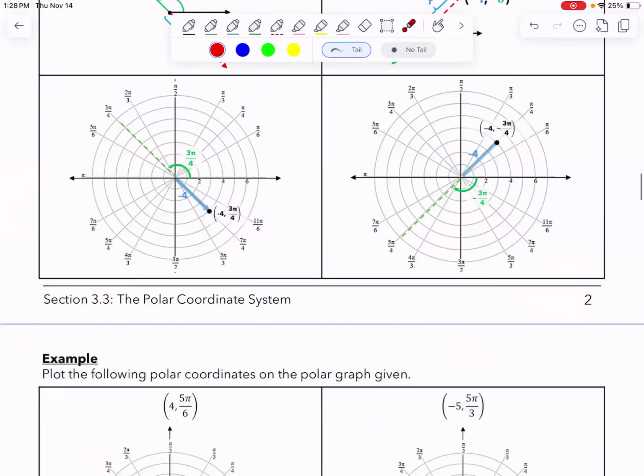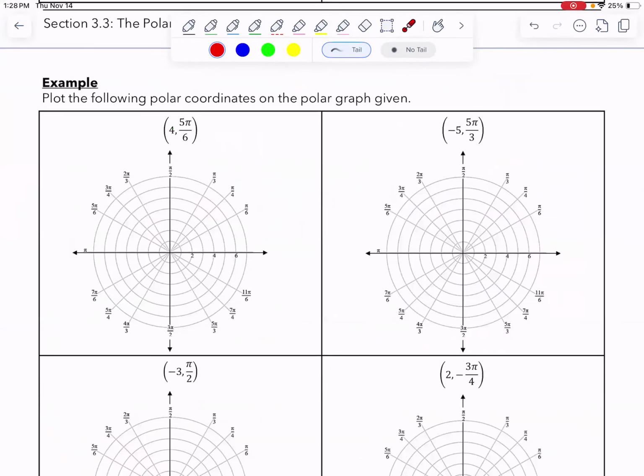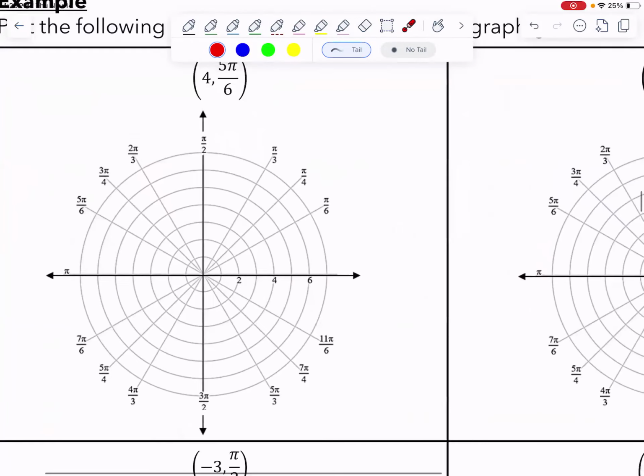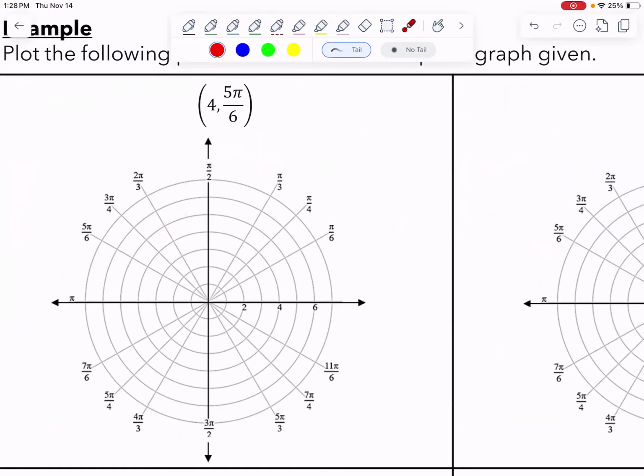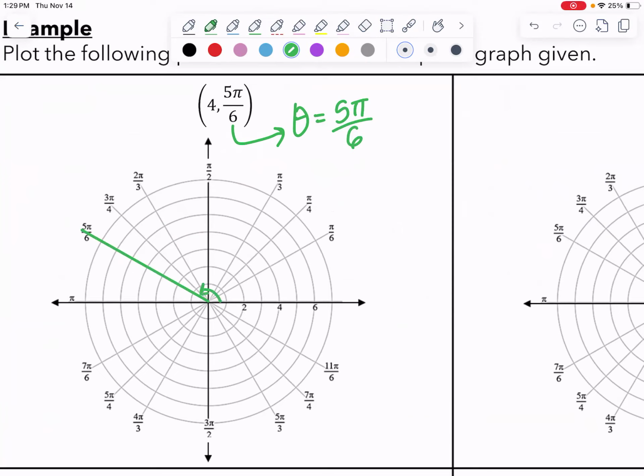All right, let's do some plotting points. Plot the points on the paper. Here we go. All right, so we're going to plot the point 4 comma 5 pi over 6. So you're really starting with that 5 pi over 6. Your theta is 5 pi over 6. That's where you need to start. So I'm going to come here and draw my 5 pi over 6. Boom. There's my theta.